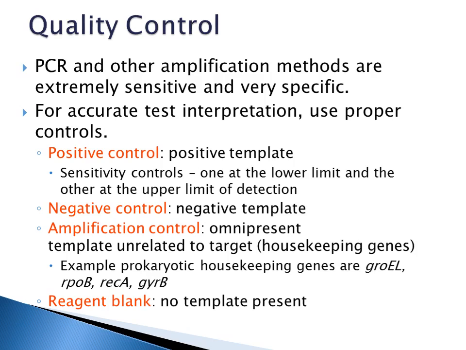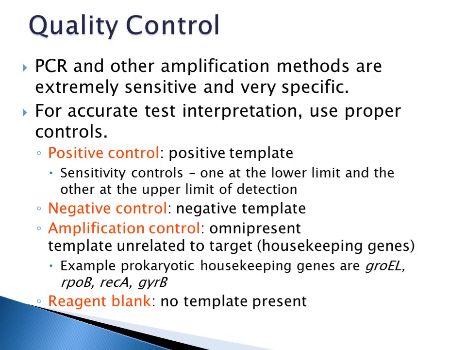So we always have a positive control, which contains your template that will amplify. So you want to be sure that you are getting amplification or you're getting a positive test reaction so that you know that your kit is working properly.